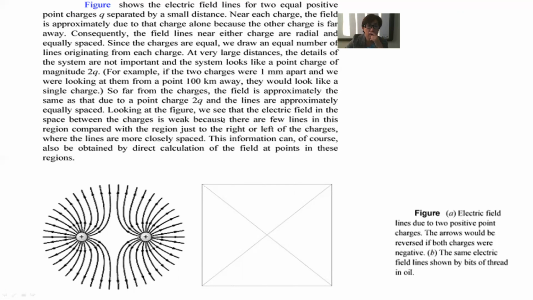For example, if the two electric charges were 1 millimeter apart, and we are looking from a point 100 kilometers away, they would look like a single charge. This information can also be obtained from direction calculation of the point in this region.